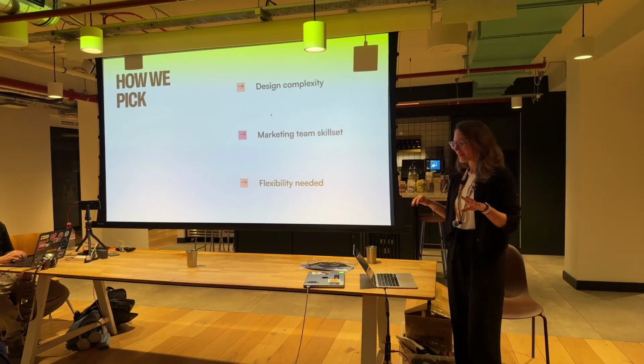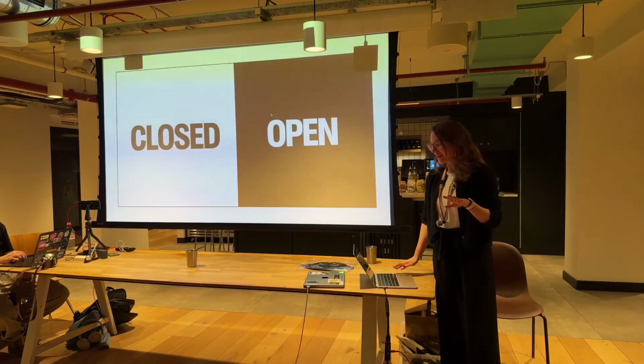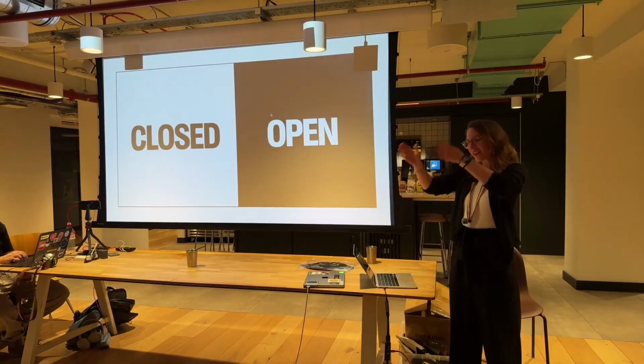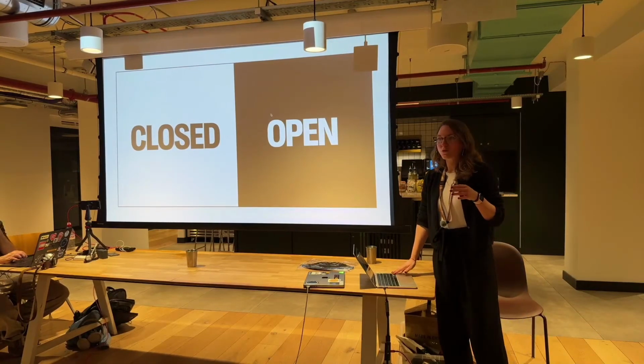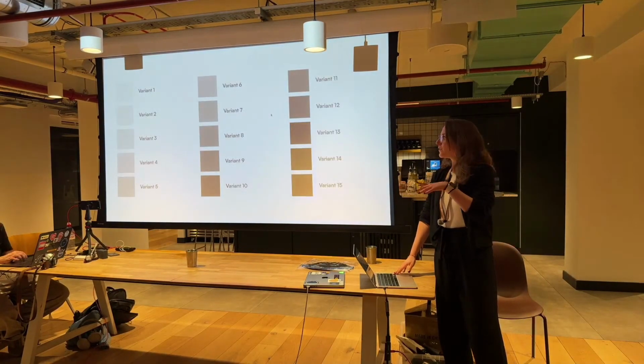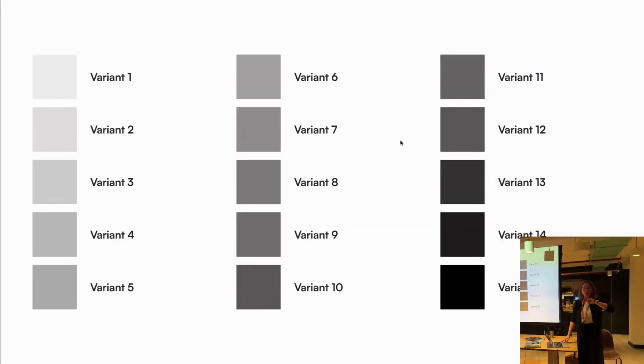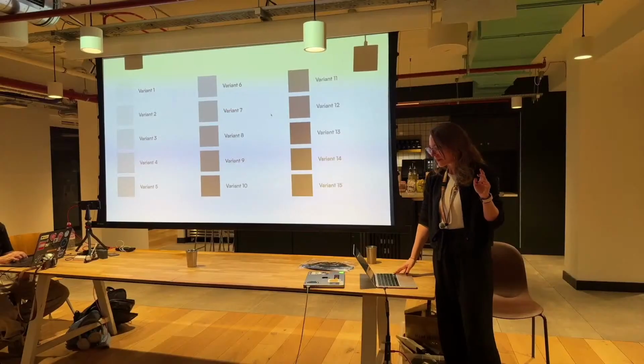So it's not necessarily black or white, where you can only do closed or only do open. But you also want to avoid the 50 shades of variance for one component, where it's just paralysis over which one to pick and how one is different from the other.